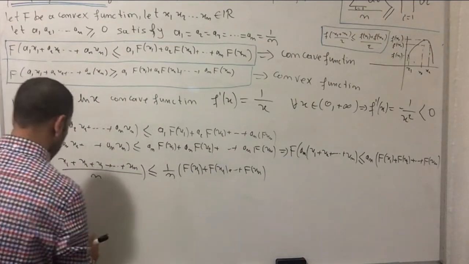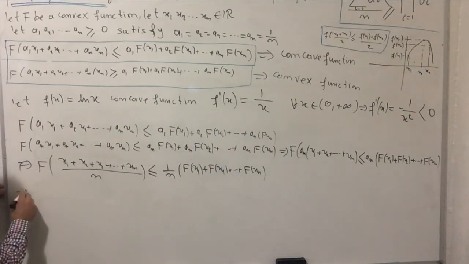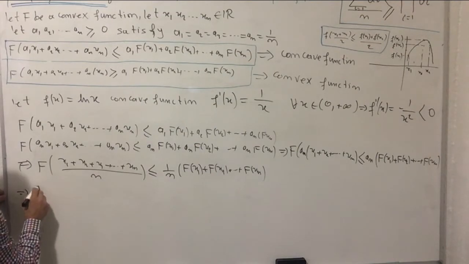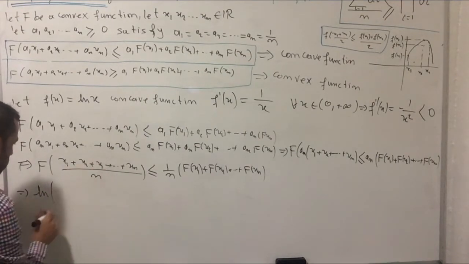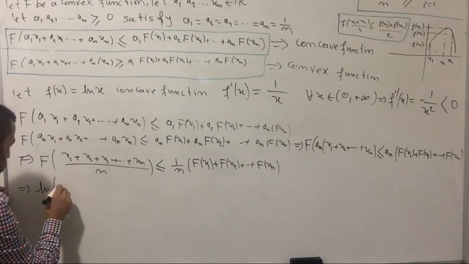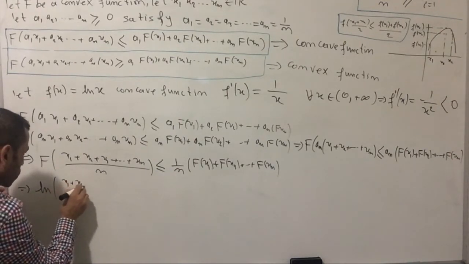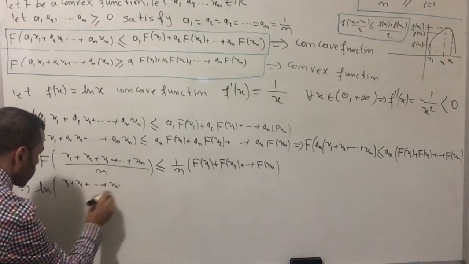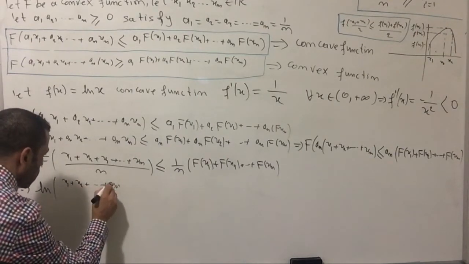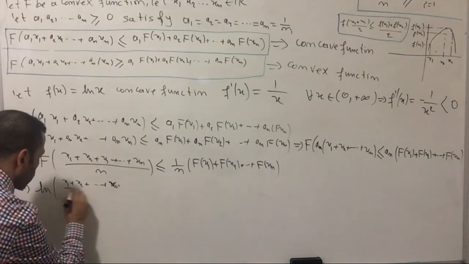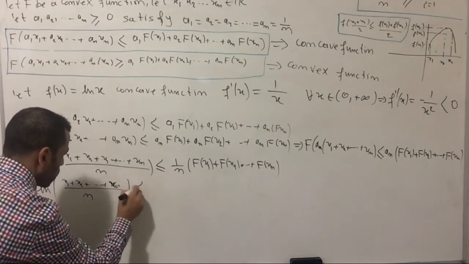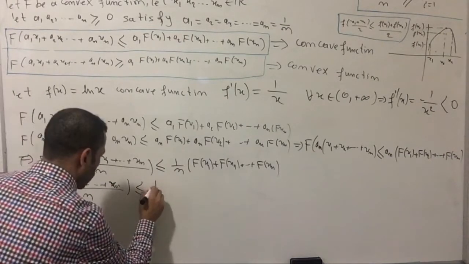So what does that mean? Natural log of this sum inside, which is (x1 plus x2 and so on until the last xn) over n, inferior or equal to 1 over n.